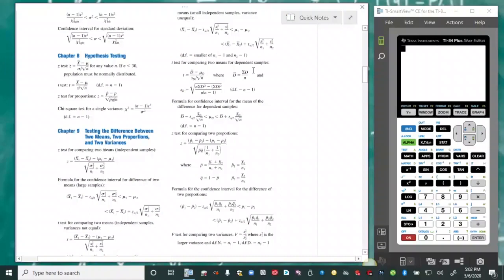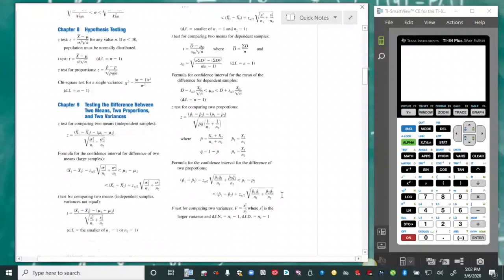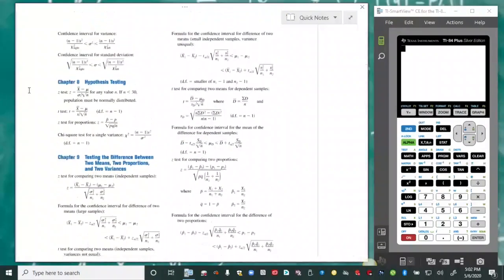So we're going to use some of these formulas, but we're actually going to let the calculator do most of the heavy lifting here. You'll notice, we're going to be doing hypothesis testing right now for Z and T. This Z score is the mean minus the expected mean, so score minus mean. And instead of just dividing by the standard deviation, we're dividing by the standard deviation over the square root of n.